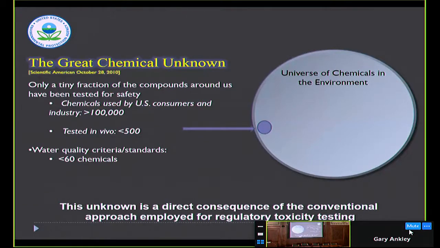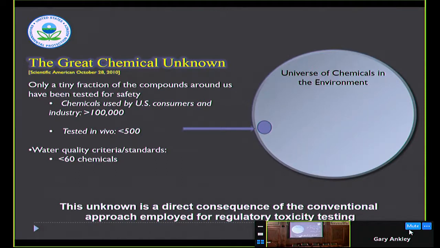I've got a few slides just in terms of background. Most of you know all this already, but it's worth repeating, I think, in the context of what I'm going to present. This is a graphic from a few years ago in an article in the Scientific American, a popular science journal, that really lays out the challenges we face as regulatory toxicologists.